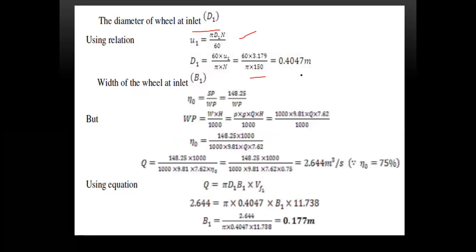Therefore, we are getting D1 as so on. So, now the width of the wheel at inlet. Upon calculating all the values, we are getting this. The discharge Q is equal to, upon solving, these values. Finally, B1 is 0.177.